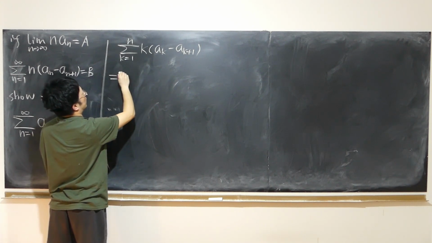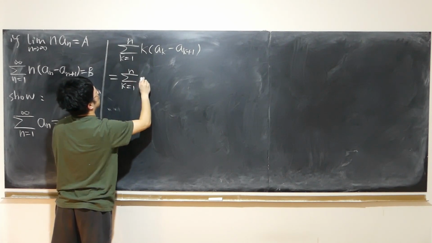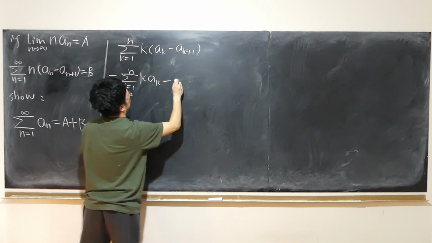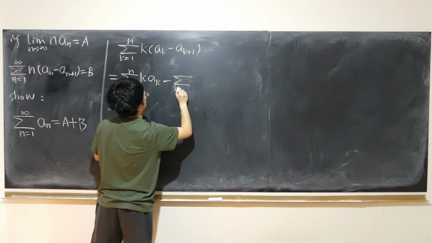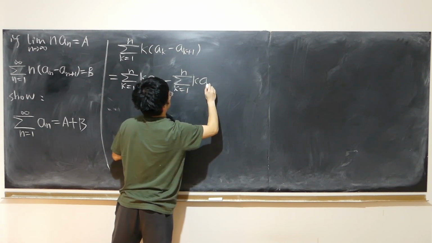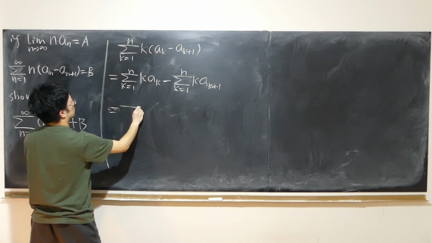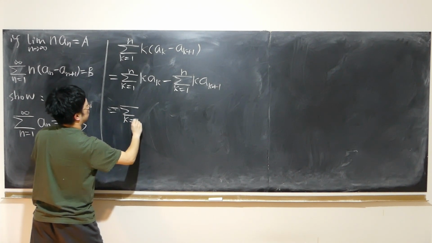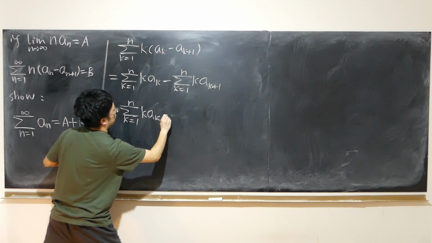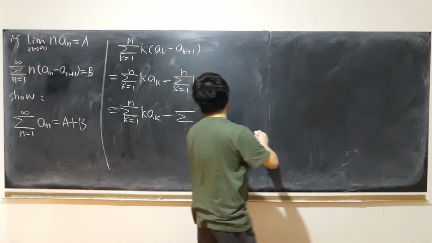And so then we break it apart. Sum k from 1 to n of k times a_k, minus sum k from 1 to n of k times a_{k+1}, equals sum k from 1 to n of k times a_k, minus, this time we're going to re-index it.